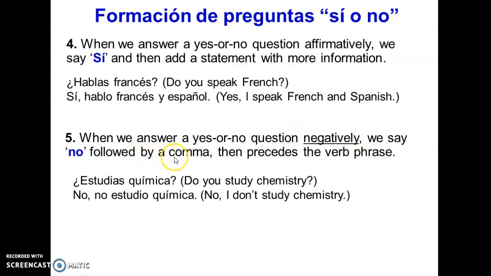So we say no followed by a comma and then the verb phrase. ¿Estudias química? No, no estudio química. We have to say the negation again, to emphasize what we don't do. We don't study chemistry. So, no estudio química.